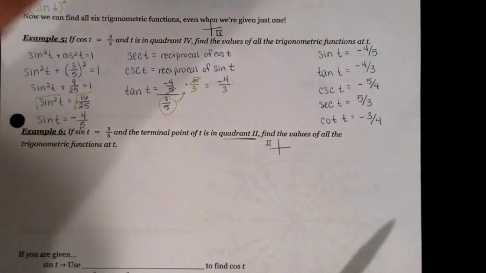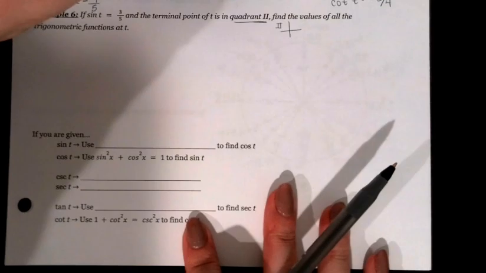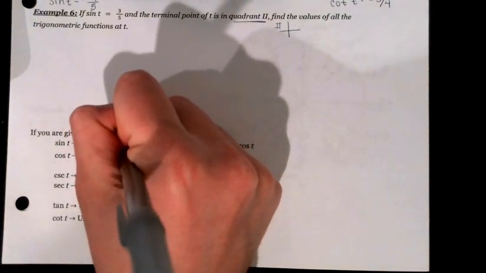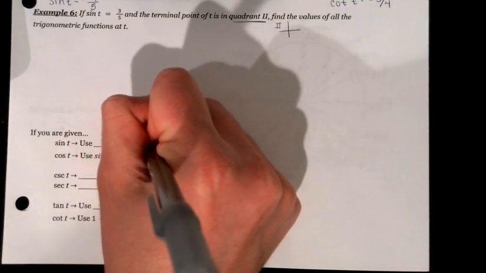So at the bottom it says if you are given sine of t, you want to use sine squared plus cosine squared equals 1. Because if I know sine, I can plug that in here. I can find cosine. Same thing for cosine.